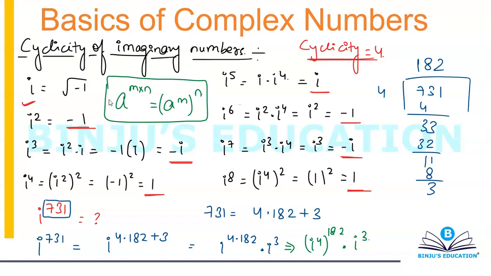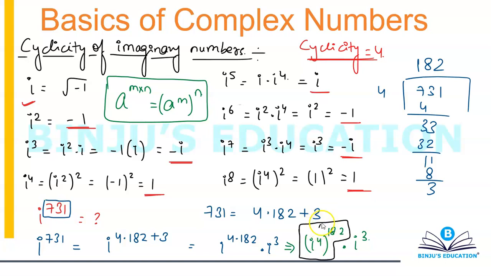Okay. Now, the interesting part is this part will always be equal to 1 because iota to the power 4 is equal to 1. And 1 to any power will always give you 1. Right?